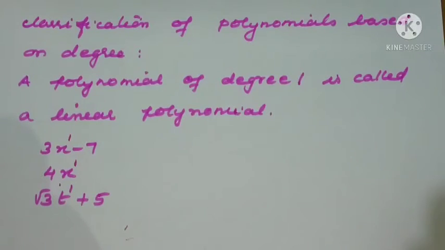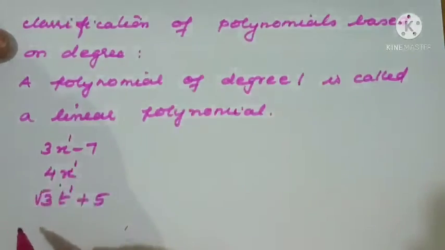Now how to write the general form of this, or we can say the standard form. Any linear polynomial can be written in the standard form as p of x equal to ax plus b.